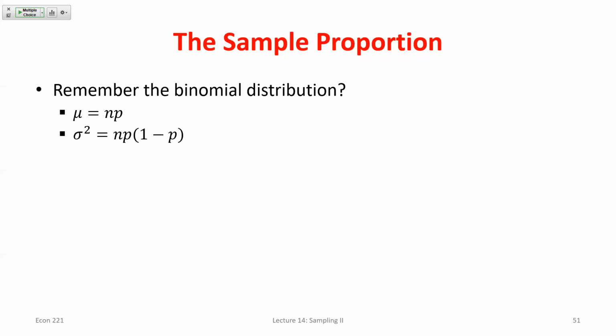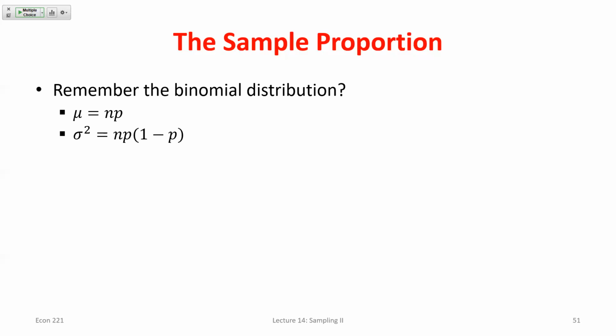Now if I'm not looking for the number of successes, but rather the proportion of successes, well, if the average number of successes is n times p, then the proportion of successes would be the number of successes divided by the number of trials, which leaves us with just p. So the mean of my sample proportions is just whatever the original population proportion was.